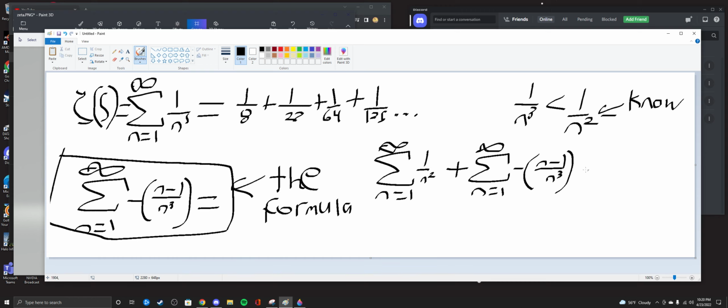And this should equal our sum as n goes from 1 to infinity of 1 over n cubed.